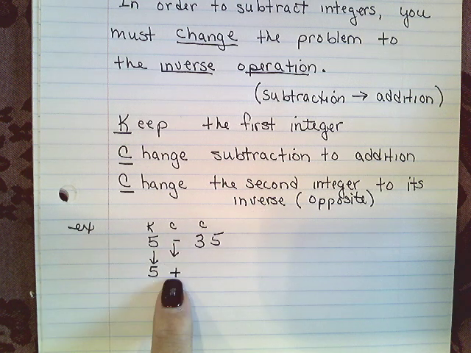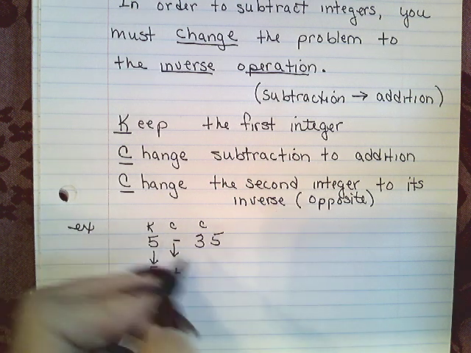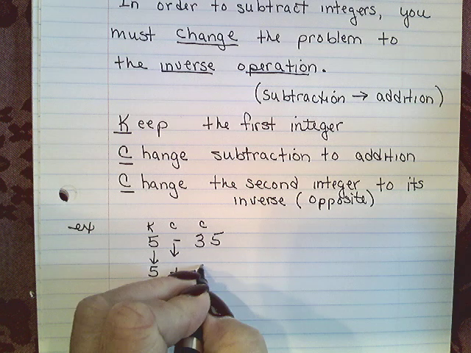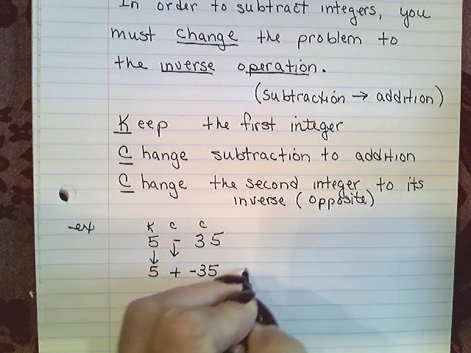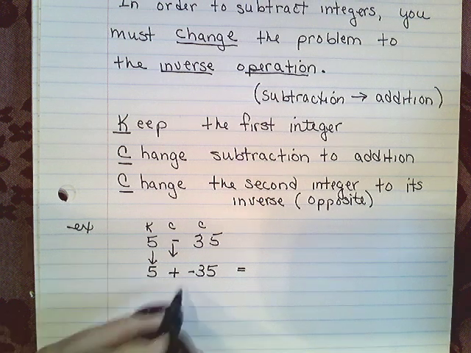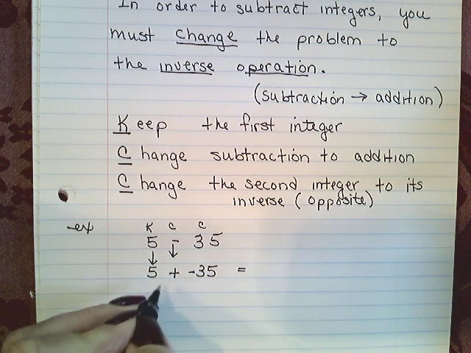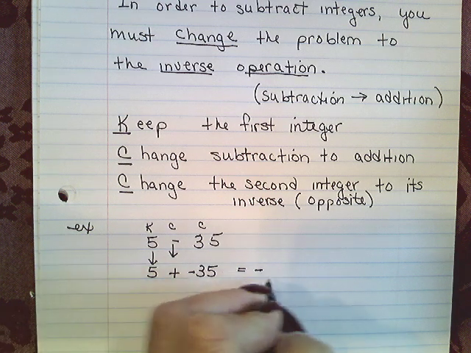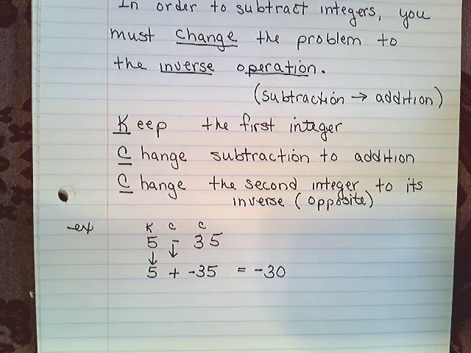When you change subtraction to addition, you are changing that second integer, which is a positive 35, to its opposite, negative 35. And then you're going to add it just like we've been adding integers all along. So 5 plus negative 35, I have more negatives than I have positives. How many more negatives do I have? I have 30 more negatives.